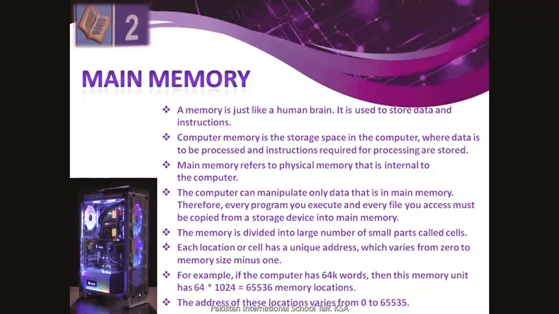It depends on the capacity of your memory, how much capacity we have in the form of MBs. So we have 1 MB, 16 MB, 1 GB, like this. So this is the memory capacity.